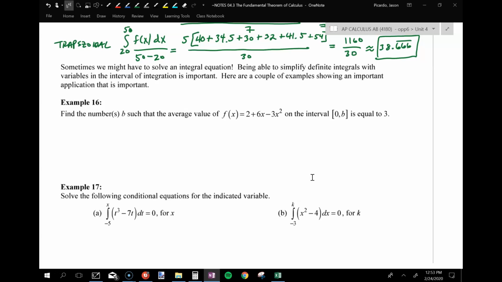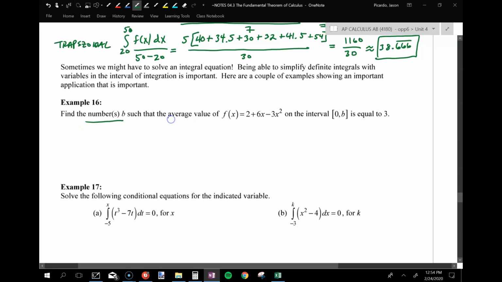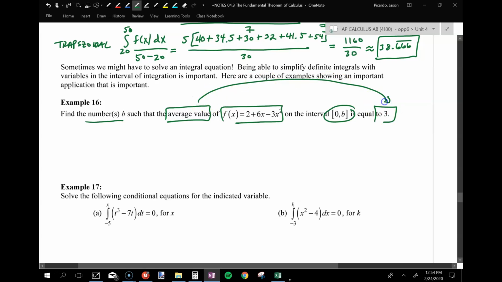So here are some different things that we can do. Here's one of them. And this is really, can you play with the concept? I said, I want to find a number such that the average value of the function on the interval is equal to 3. I want the average value to equal 3.